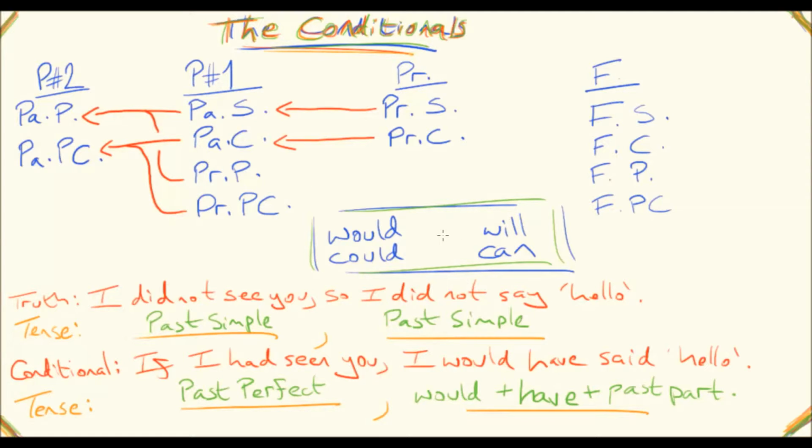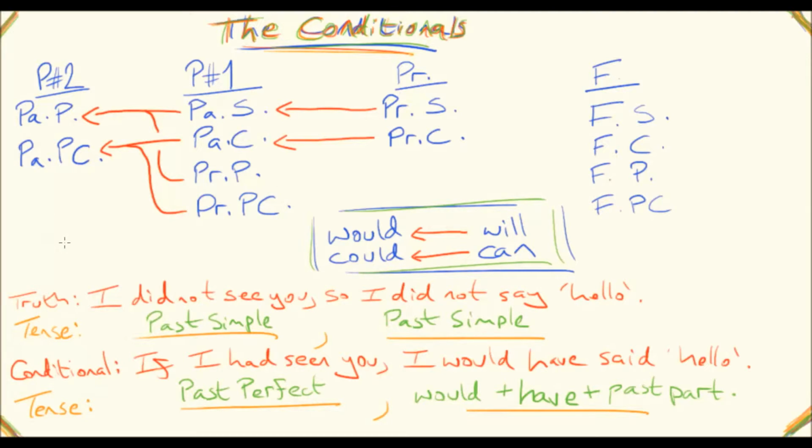A couple of points to remember here. The first of which is going to come in useful in later lessons, but for now it's just for the purposes of completing this diagram. Would, as a modal verb, can be the backshift of will, and could, again as a modal verb, can sometimes be, in certain situations, the backshift of can.